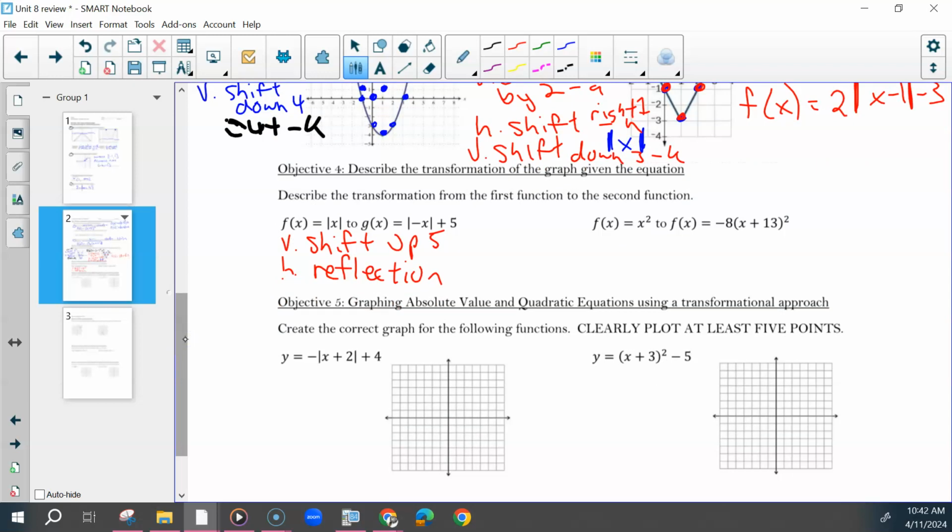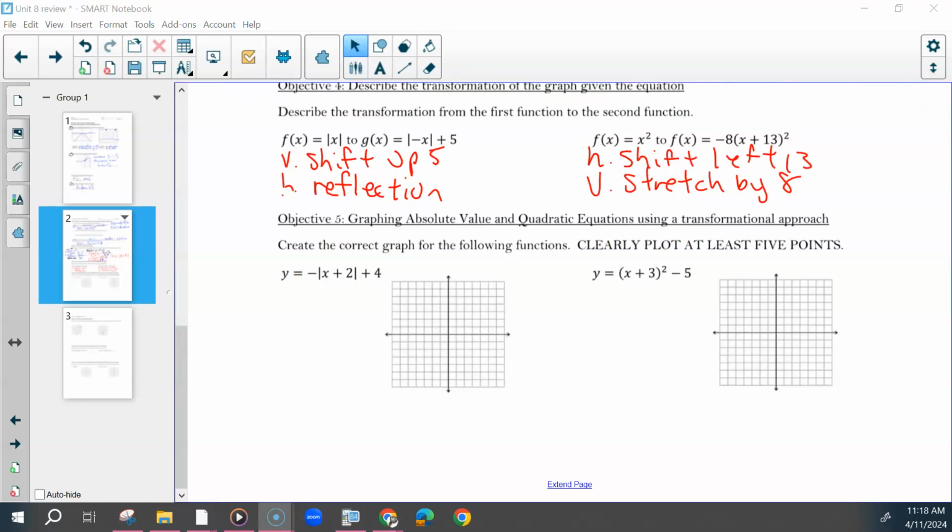There's no K, so it didn't move up or down. There's a horizontal shift. What direction? Left 13. And then there was a vertical stretch. There was one more transformation for the second one. What was it? A negative. Yep. It is a reflection. Vertical reflection.